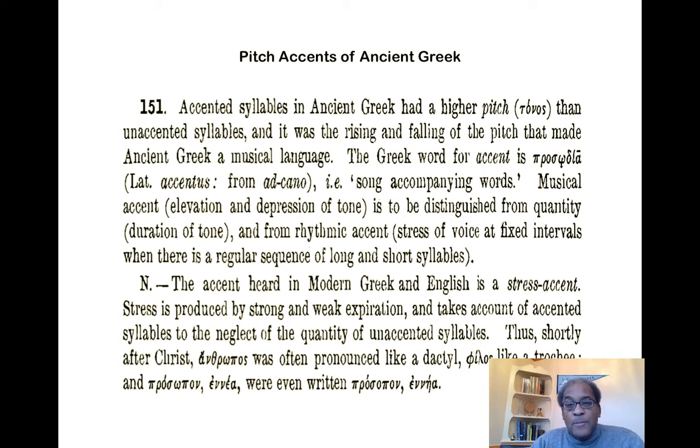Stress is produced by strong and weak expiration and takes account of accented syllables to the neglect of the quantity of unaccented syllables. Thus, shortly after Christ, anthropos was pronounced like a dactyl, pilos like a troche, and prosopon and enea were even written prosopon enea.